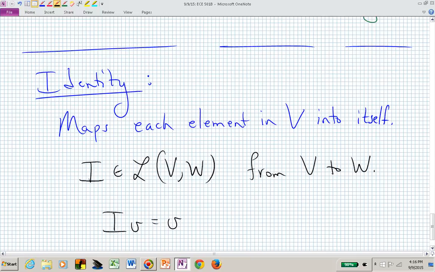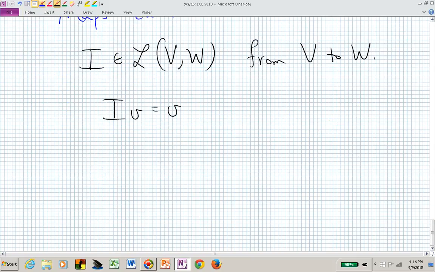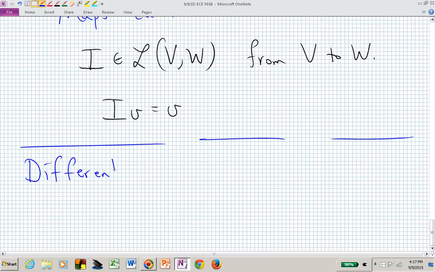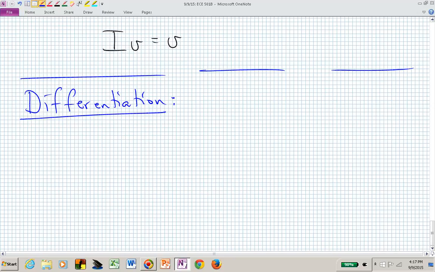Some of these are even overloaded more than you would have thought from a math class, right? Maybe, maybe not. Let's move on. That's the identity map, but that's just mapping a vector back into itself. Those were pretty benign maps, the zero map and the identity map.